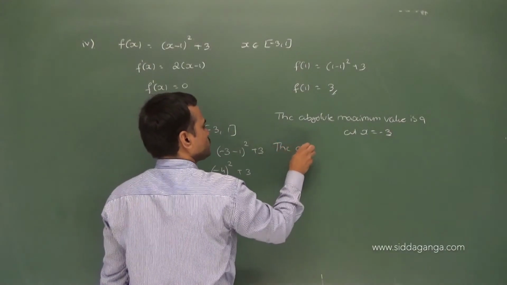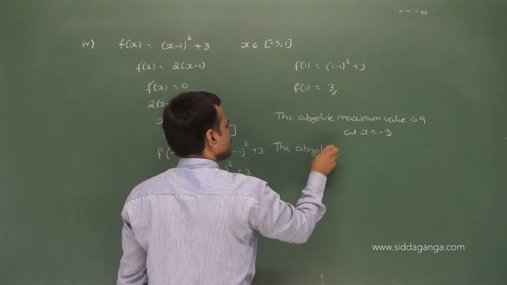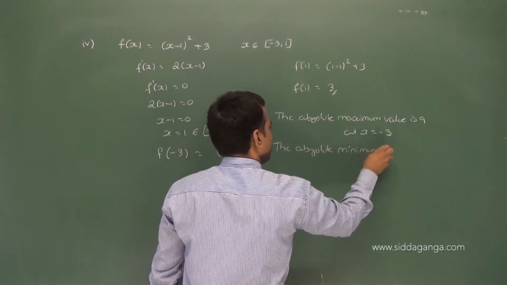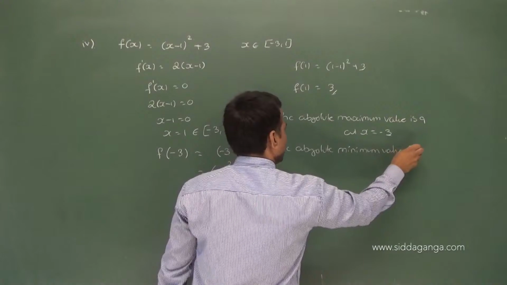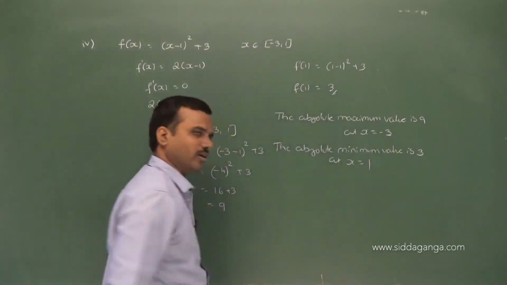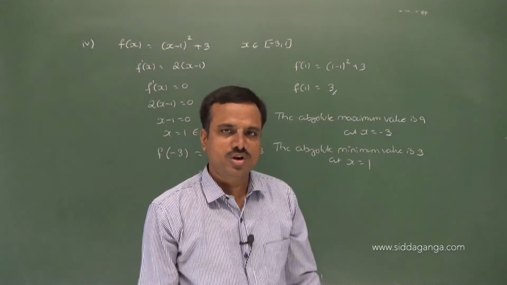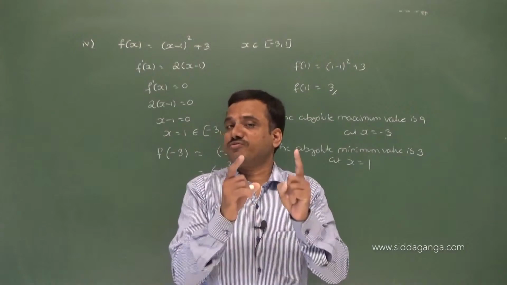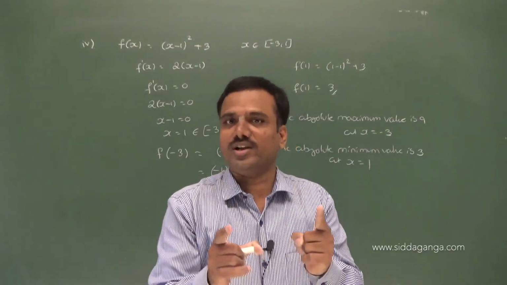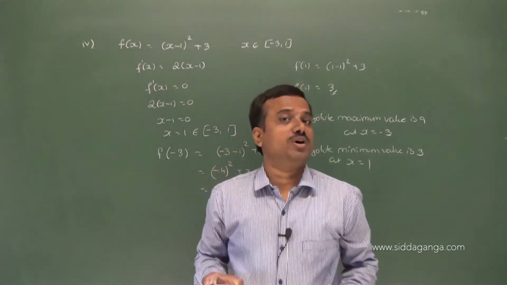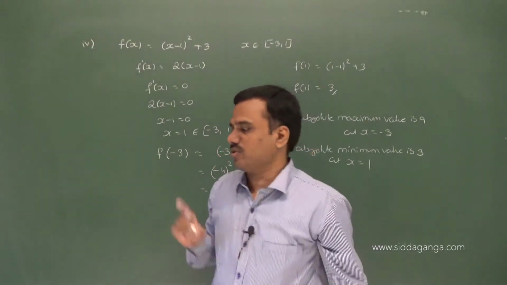The absolute minimum value is 3 at x is equal to 1. Absolute maximum value and absolute minimum value. This is the concept to find the maximum value and minimum value in a closed interval. This is very important. Next problem. See this problem.